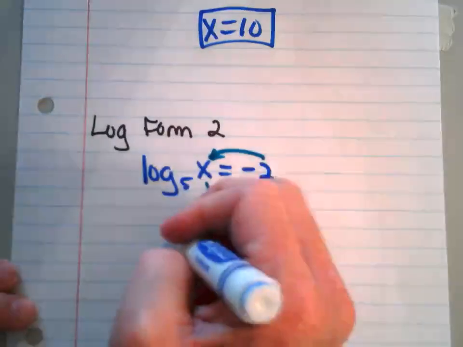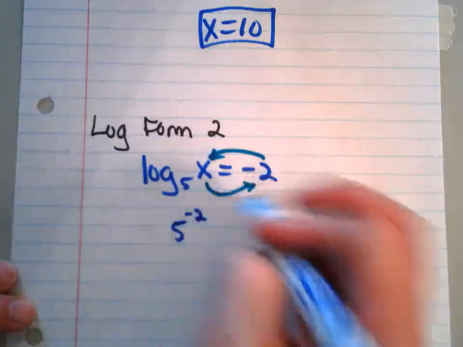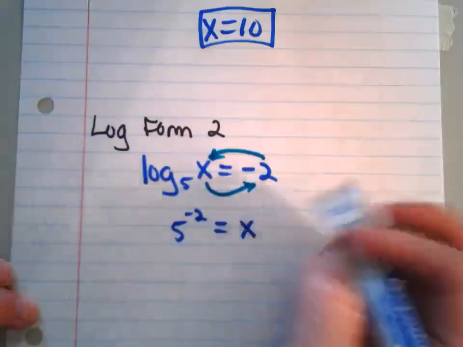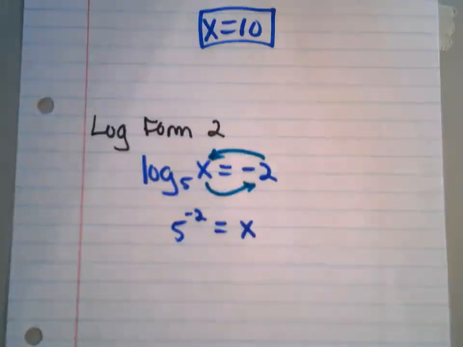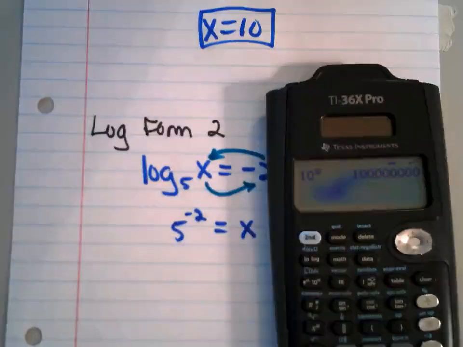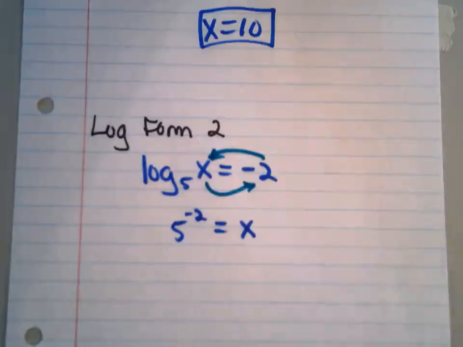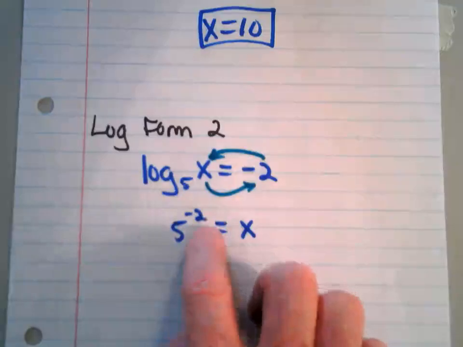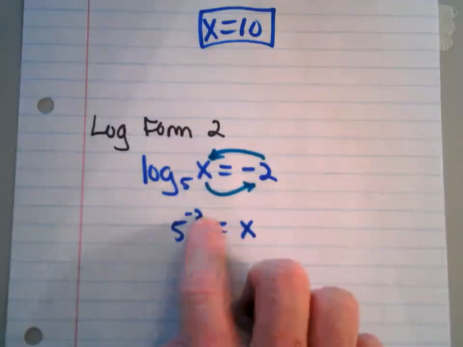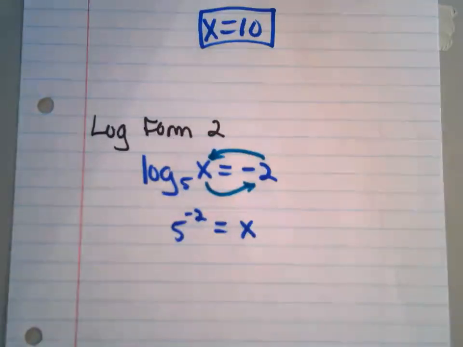The logarithm is going to disappear. This is 5 to the negative second power equals x. If you need the calculator, that's fine. If you don't, that's better. 5 to the second power is 25. What does the negative do? The negative turns it into a fraction.